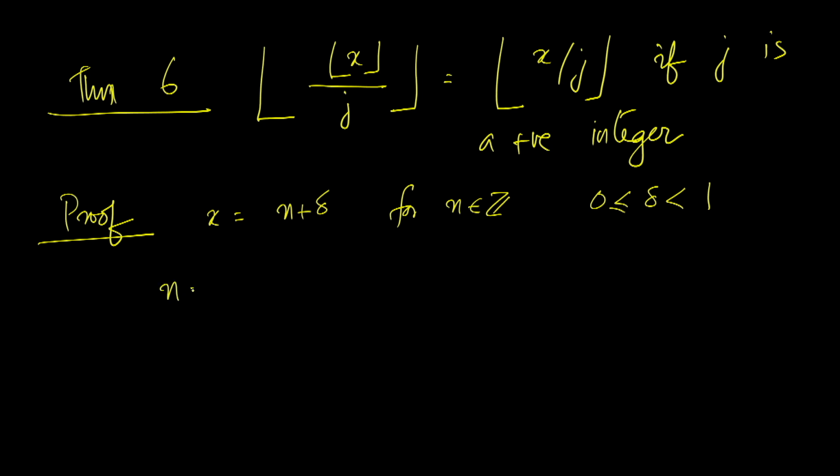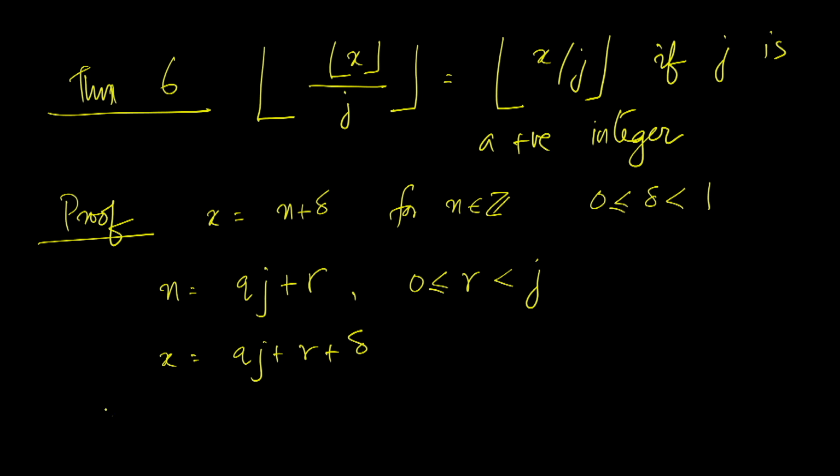Suppose n is qj plus r. For any n and any j, we can write n as qj plus r, where r is greater than or equal to 0, but less than j. Then x is qj plus r plus delta.